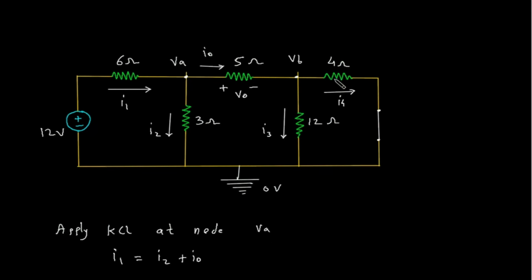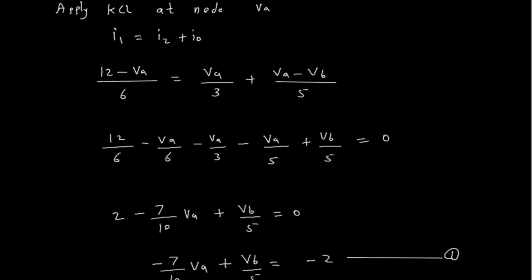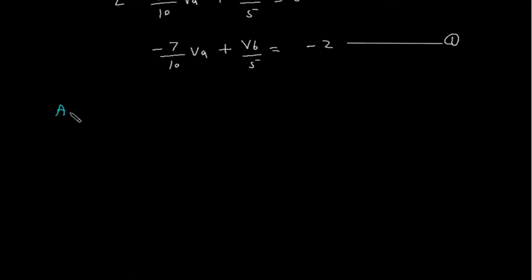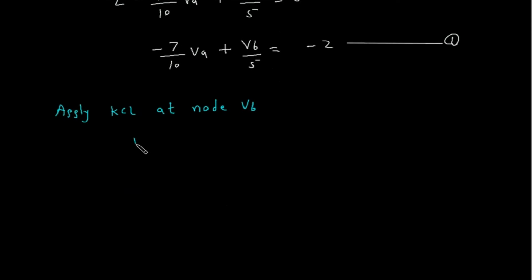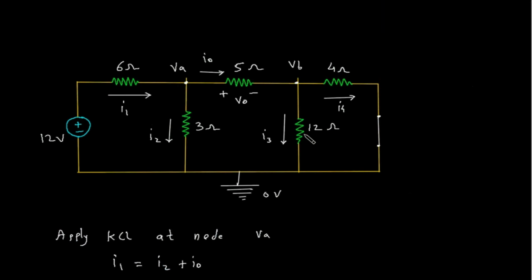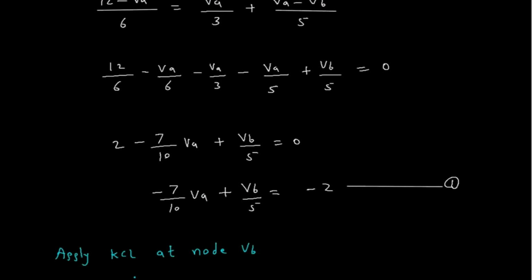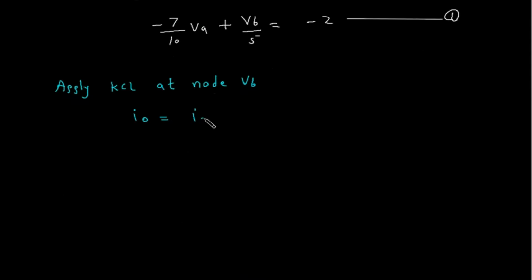Now we will apply KCL at node VB. Entering current at this node is only Io, and leaving current at this node is I3 plus I4.